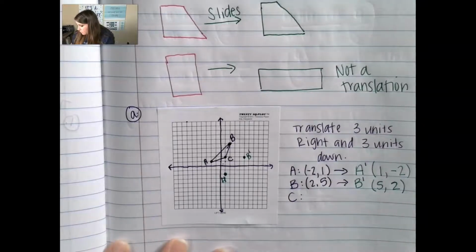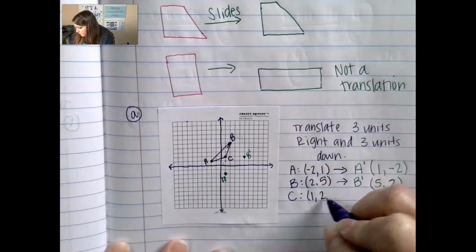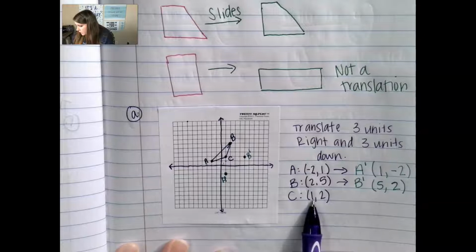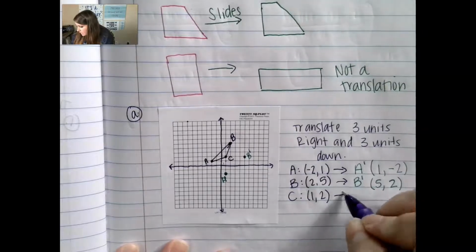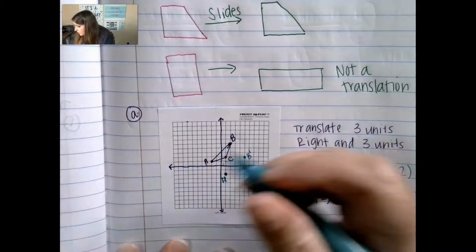Okay, and my last point, I started point C at 1, 2. And if I were to move this point by increasing it 3, I'm going to end up at 4. And then down by 3, I'm going to end at -1. But let's check this out and see.